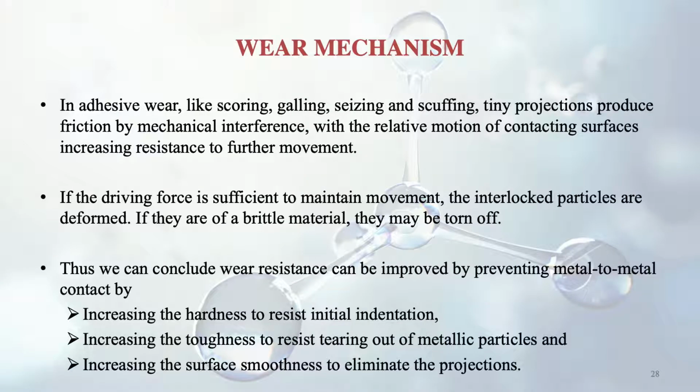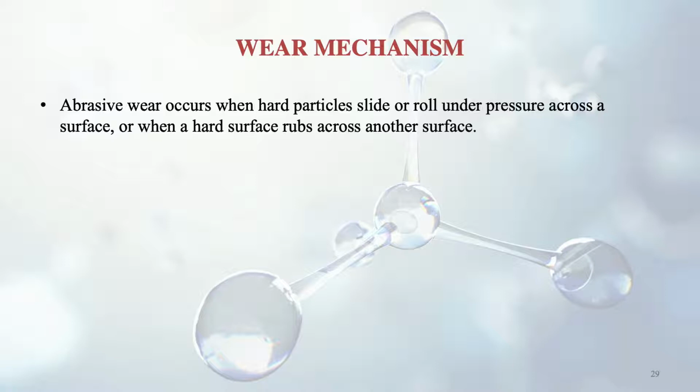If the inner portion is tougher, then even if the force is higher, it will resist it. It will not try to come out immediately. So the inner portion should be tougher. Third, by increasing the surface smoothness to eliminate the projections which were causing the resistance to the motion.